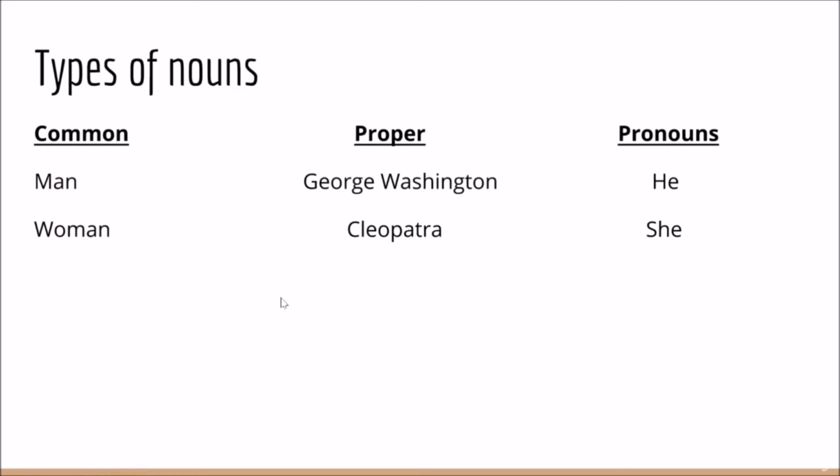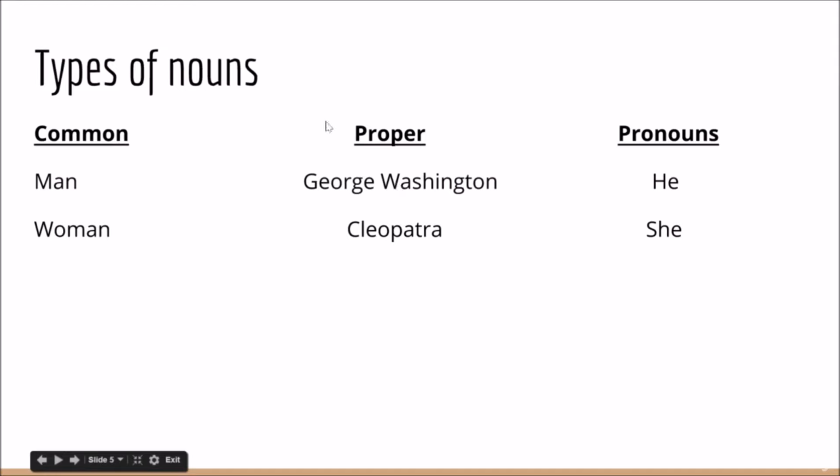Now we also have different types of nouns. We have common nouns. These are just general things. So man, woman. Those are general. I'm not talking about a specific man or a specific woman. But then we have proper nouns. Proper nouns are when I'm using a specific name for that noun.